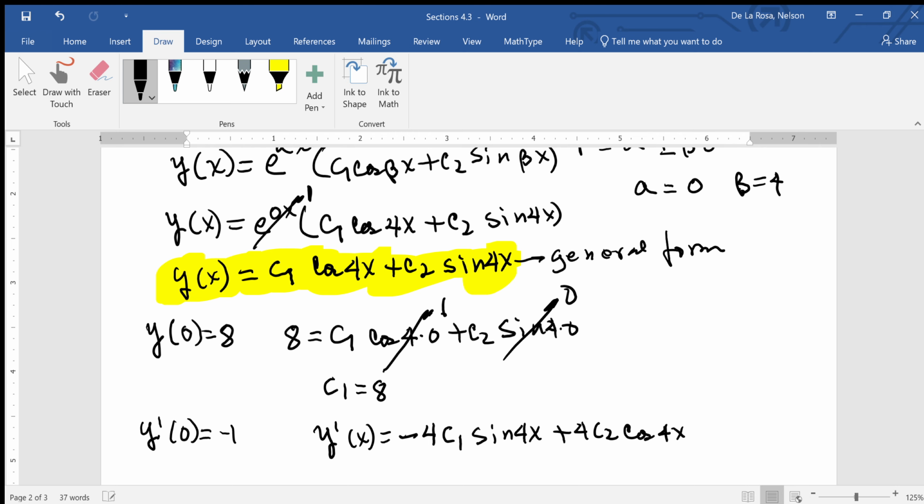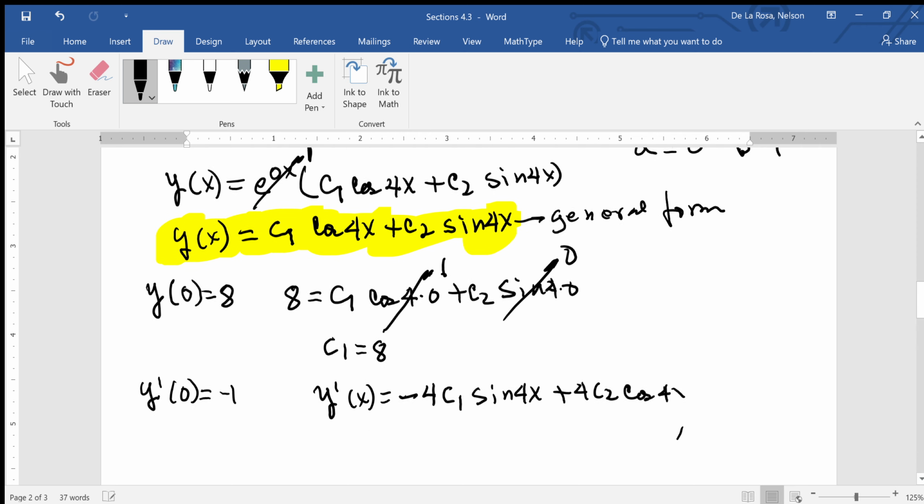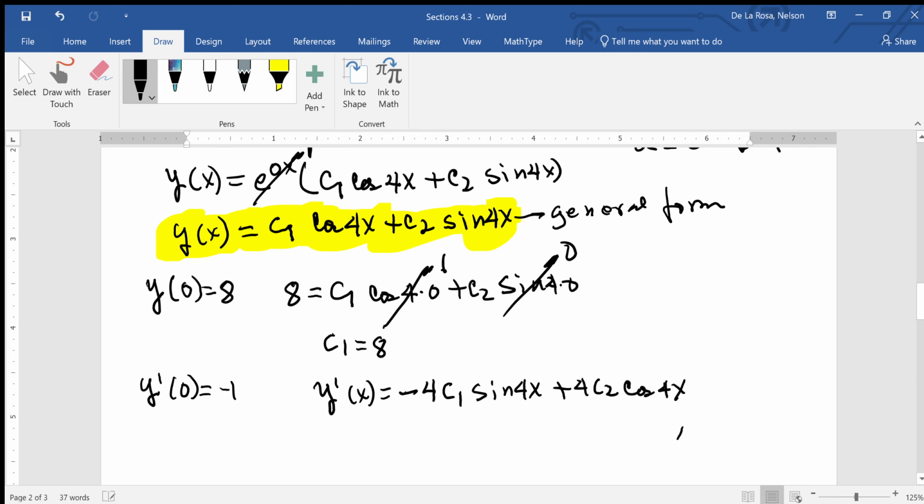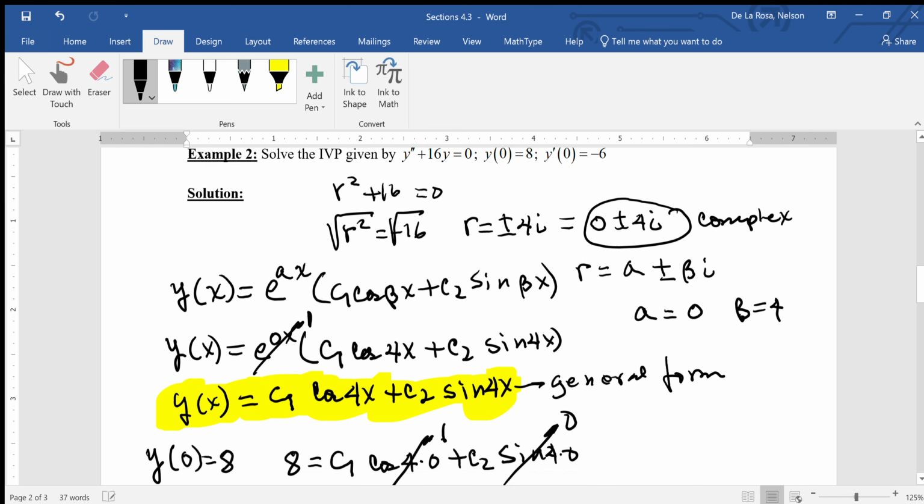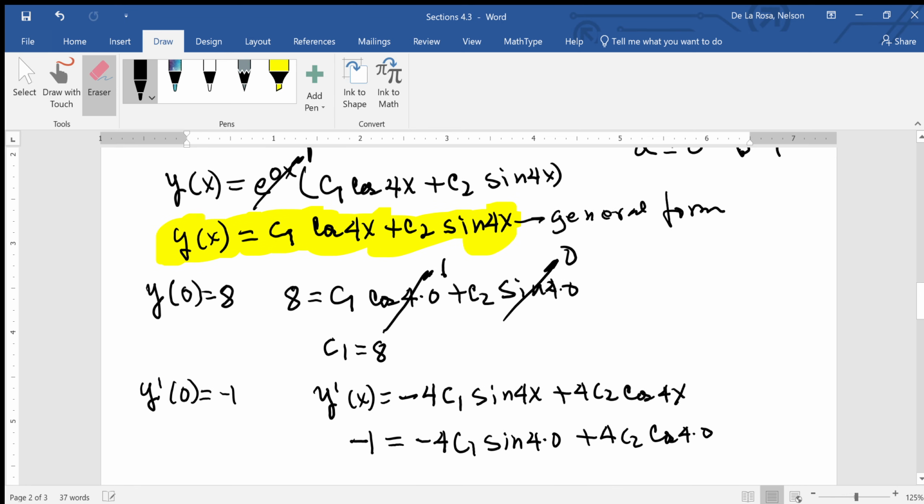Then, using the condition, we have negative 1 equals negative 4 times c1 sine of 4 times 0 plus 4 c2 cosine of 4 times 0. Oh, well, sorry about that. The condition should be negative 6.